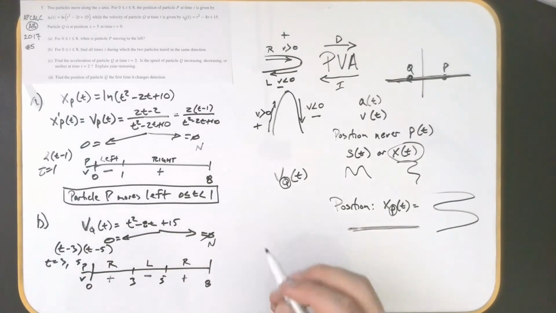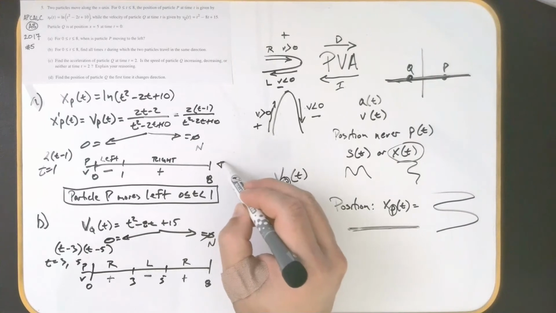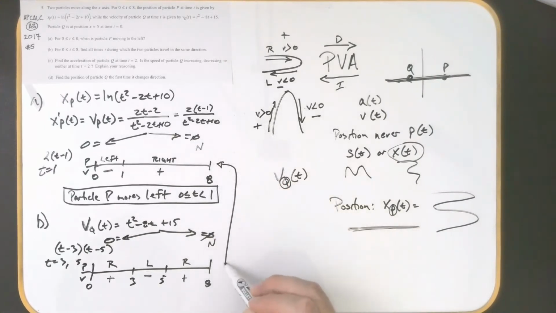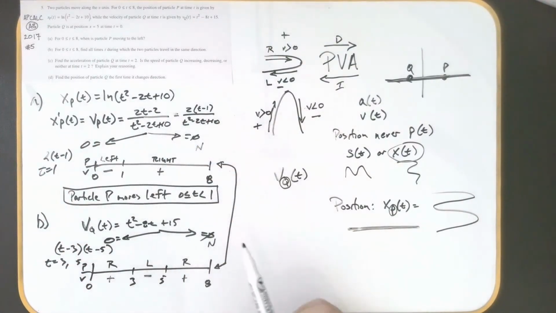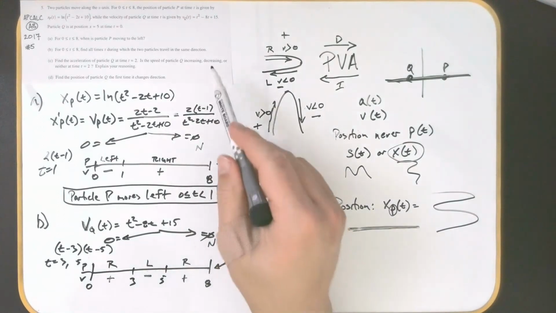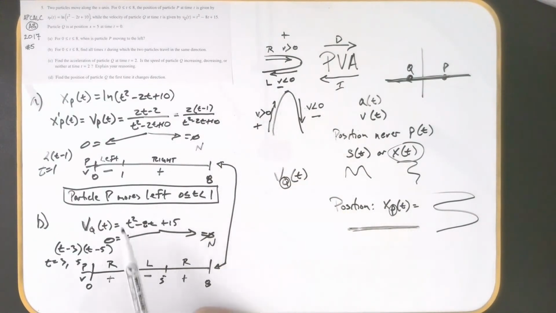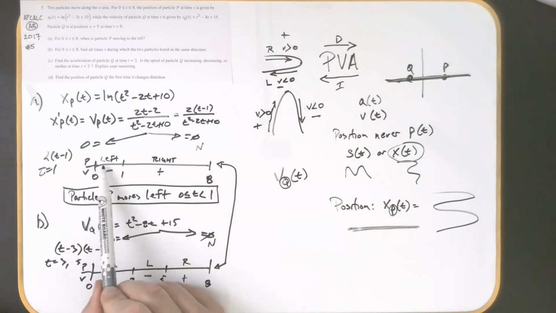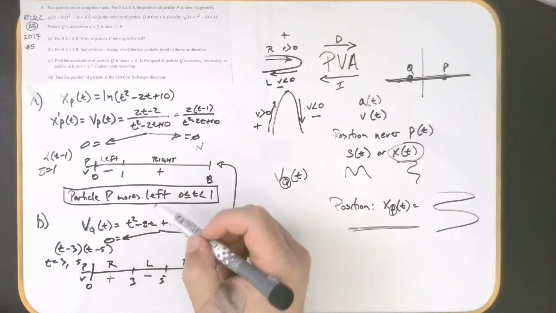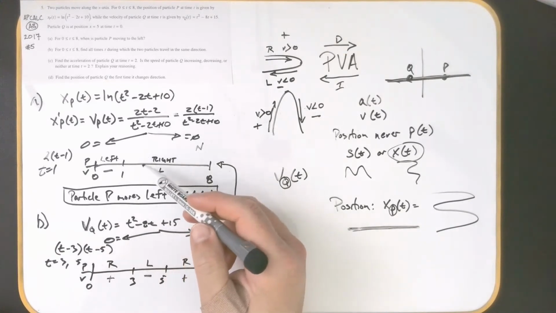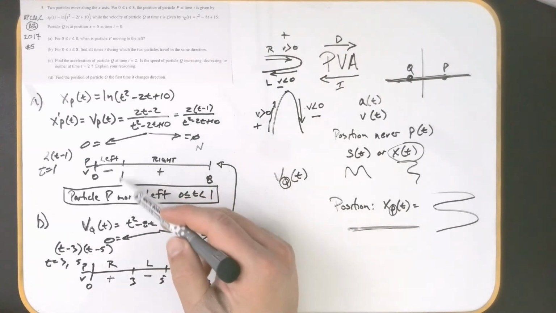Okay, so let's compare this up here to this up here and see if we can get some commonality. So the question says, for this time interval, find all the times when the two particles are moving the same direction. So let's see what we have here. We're moving to the left when things start with particle P, and we're moving to the right all the way till 3. So you guys can see they're not moving the same direction here for the first second.